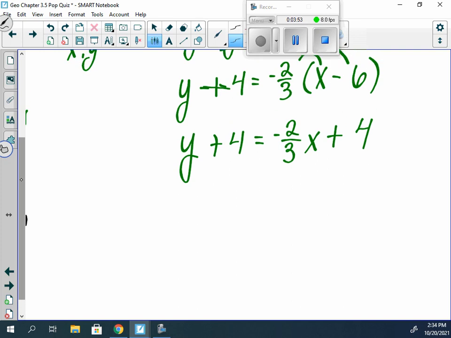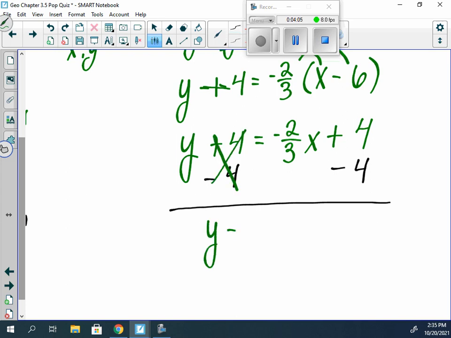Is y by itself? No. Minus 4 on both sides. Because 4 minus 4 is 0. We'll bring down the negative 2/3 x. And here 4 minus 4 is?